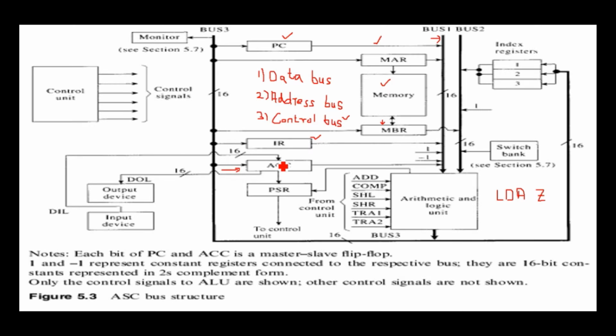And also accumulator is connected with the help of bus number 1 to the ALU, arithmetic and logic unit. Also accumulator is connected to PSR, that is processor status register. We all know that processor status register is a 5-bit register which will show the status of the processor during or after the execution of instructions.